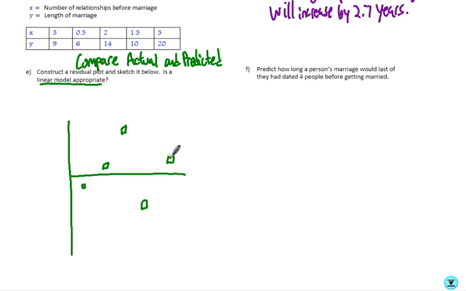If we were going to make this by hand, this represents our x's. So this represents our 1, and then we had one at 1.5 and we had one at 2. So we could say maybe 1, 2, 3, 4, 5. And then what's on the y-axis is the actual residual.